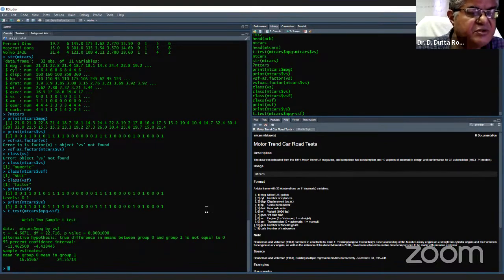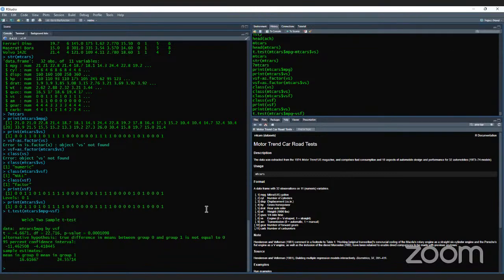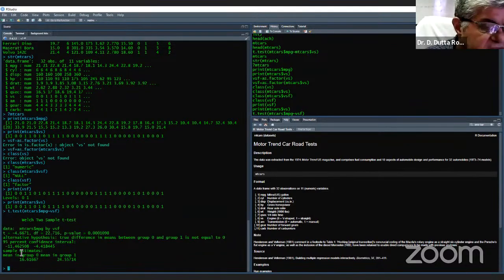You will get the Welch two-sample t-test. Is it clear? Yes. And this is the group mean 16.61, and the other group mean is 24.56. So this is the mean difference. Is it clear?